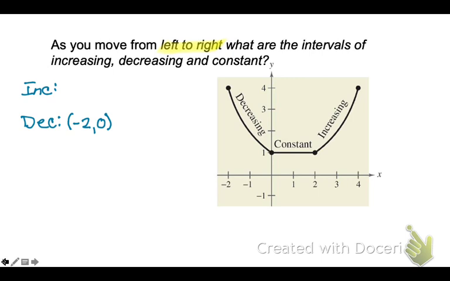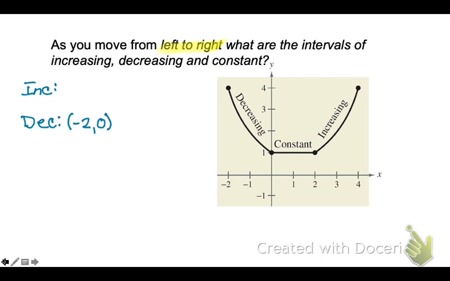First of all, at 0, does this change from decreasing to constant? Yes. So from negative 2 to 0 on the x-axis, the y's are decreasing. The intervals are x's, and we're talking about what the y's are doing. So at that point, at negative 2, 4, is this graph increasing or decreasing right at the point?